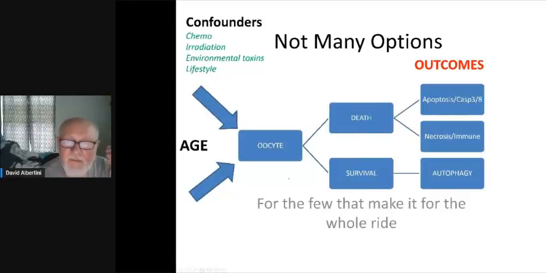We don't have many options, okay? Again, we strive to achieve as many mature oocytes as possible with our technology. We know that age is a dominant factor in terms of not only the declining numbers of follicles with advancing maternal age, but we also know the quality of oocytes from older women make for difficulties in producing embryos and babies at the end of the day.